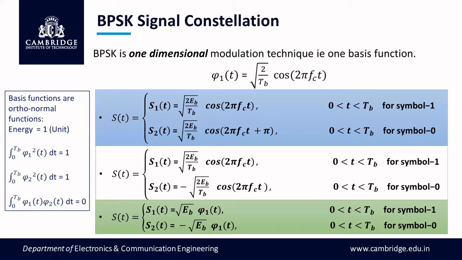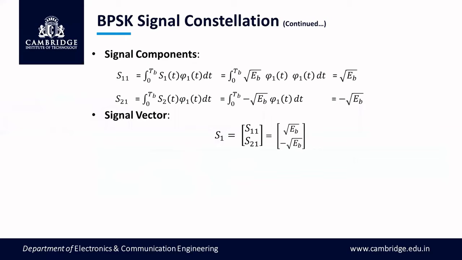So we can look into either the polarity of the amplitude of the carrier signal to identify the symbols, or you can look into the phase value 0 and 180 degree.